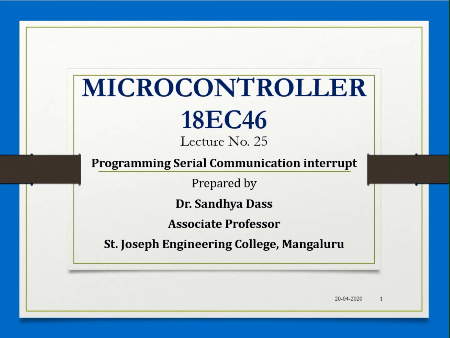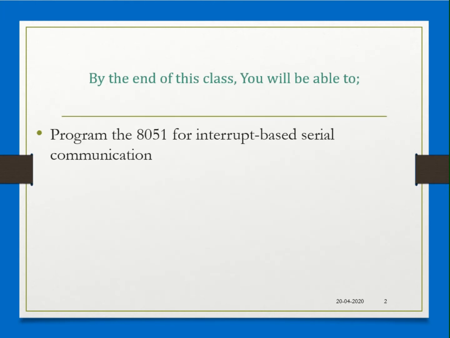So halfway through the stop bit during the reception also, the RI flag will get set, indicating that 8 bits or 1 byte of data is ready in the SBUF register, isn't it? So that is how the TI or the RI flag will get set in serial communication. So by the end of this class, you will be able to program the 8051 for interrupt-based serial communication.